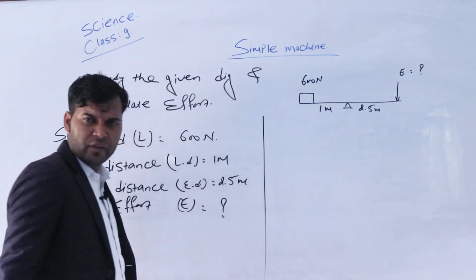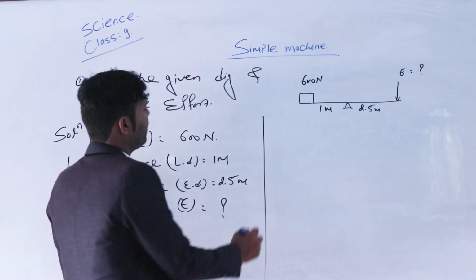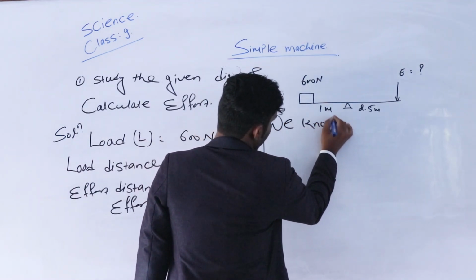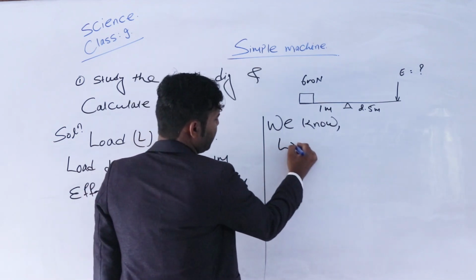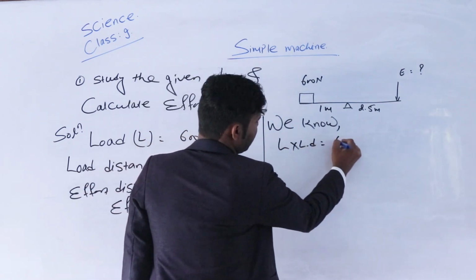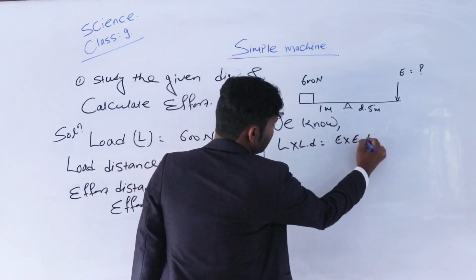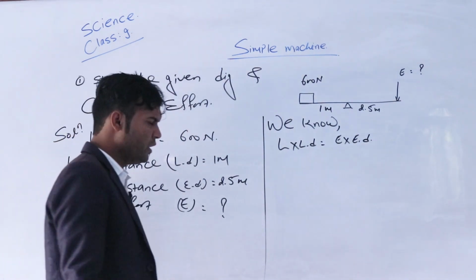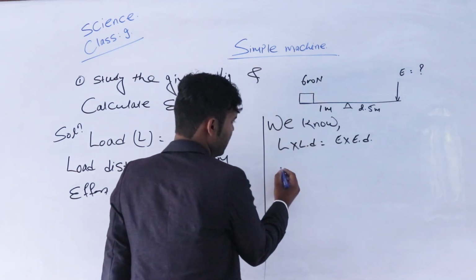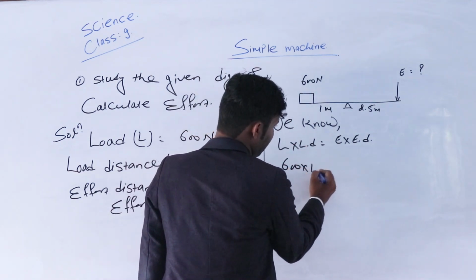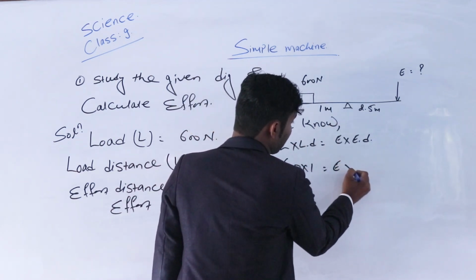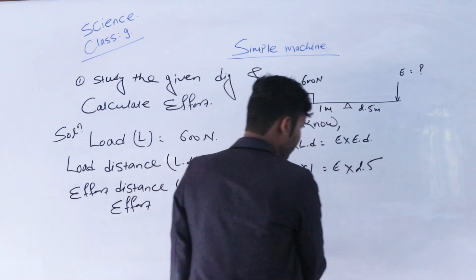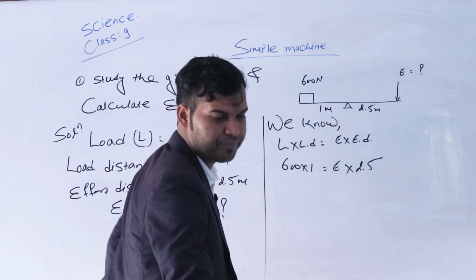We know from the principle of lever, load into load distance is equal to effort into effort distance. 600 into 1 is equal to effort into effort distance, which is 2.5.